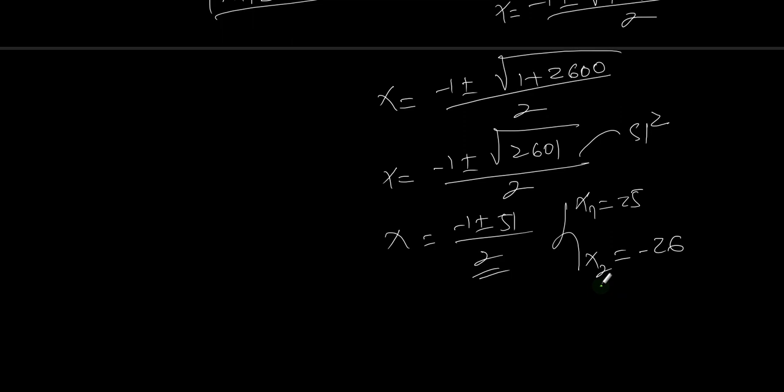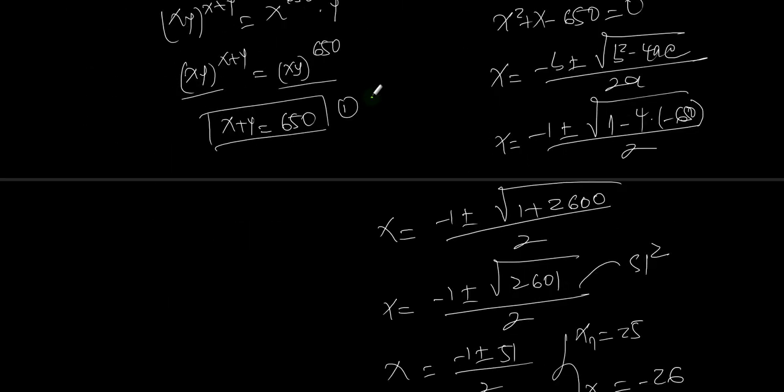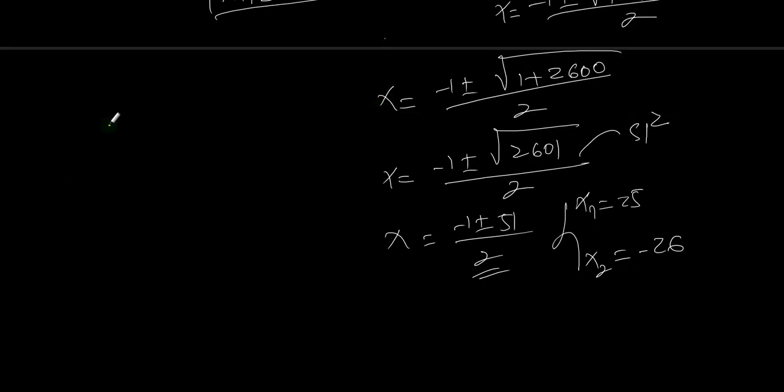We have to remember that in our conditions, x is greater than 0 and y is greater than 0. It means that the product of these two is greater than 0. We're going to use this soon. For the value of x, we're going to reject this one, which is negative, so x is equal to 25.